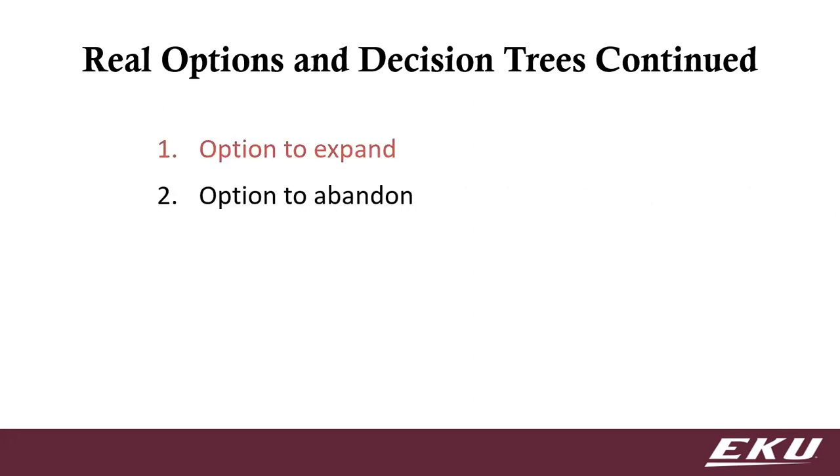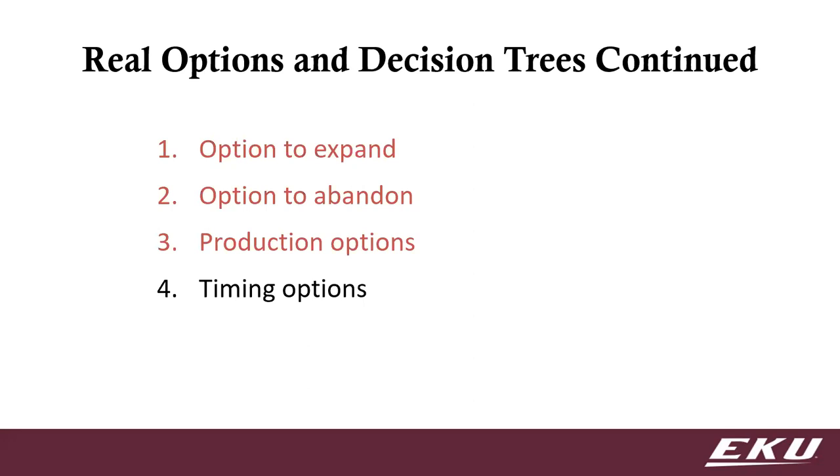You can't always walk away from things. We have regulations in certain areas, but having an option to walk away from a bad deal, there's value there. Different ways of doing production, right? And different ways of timing when things are going to be paid. These are all those real options that we need to put a value on because those options have a value.